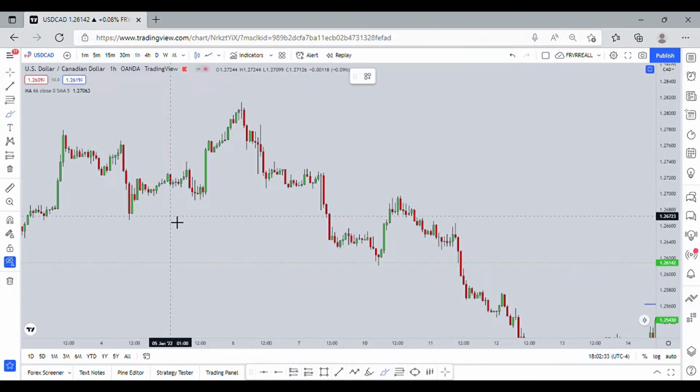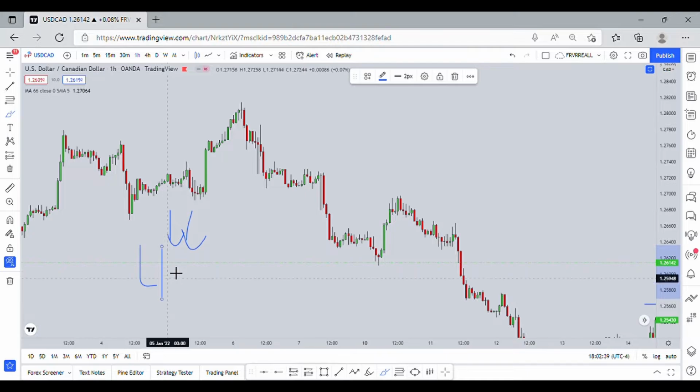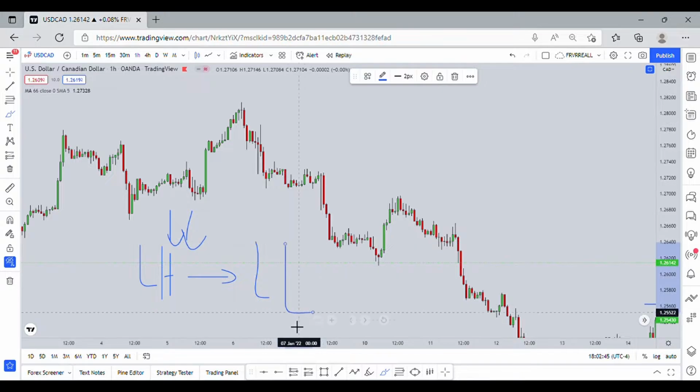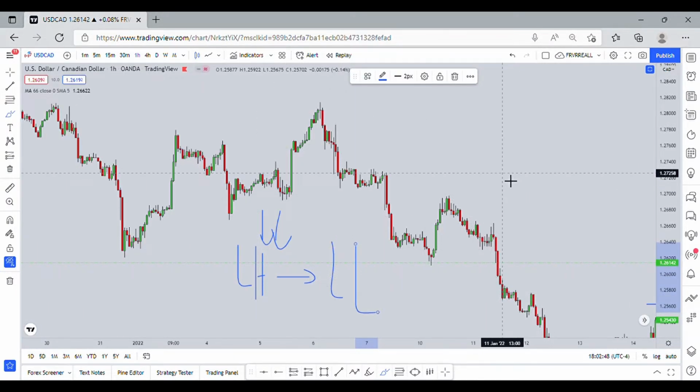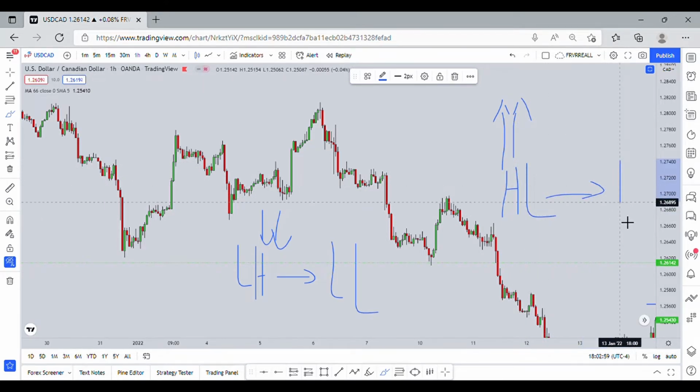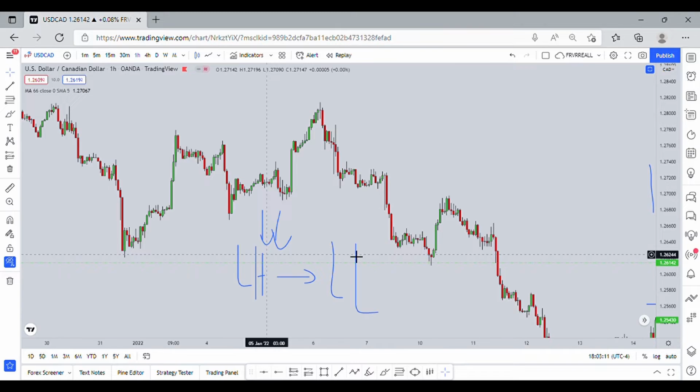If you're in a downtrend, you connect lower highs to lower lows. If you're in an uptrend, you connect higher lows to higher highs. It's as simple as that. It doesn't get any simpler.